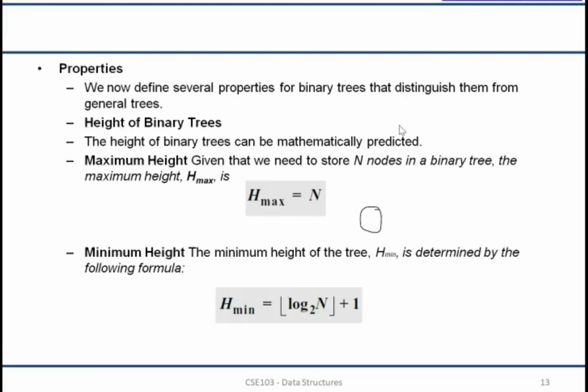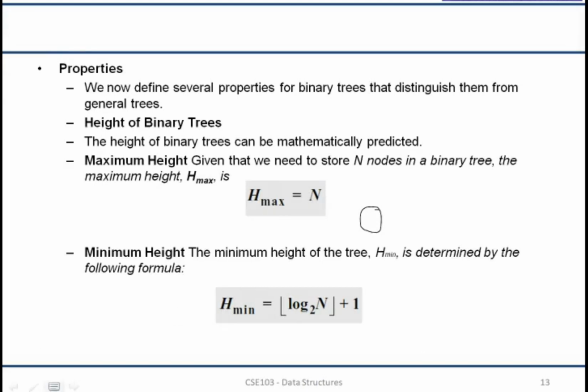Then for that n, what is the maximum height of a binary tree we can create, and what is the minimum height we need to insert all the n nodes? So this is maximum height and minimum height. The maximum height of a binary tree for the given n nodes is n, h max equal to n.